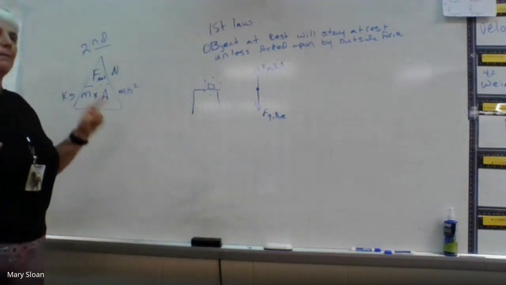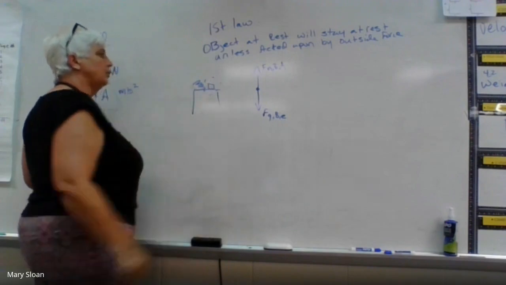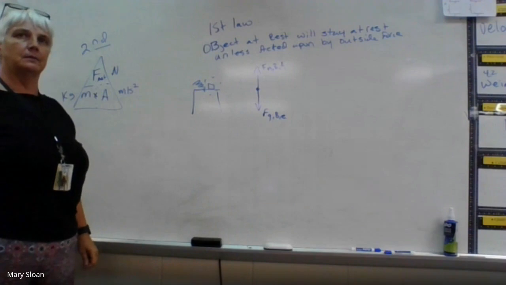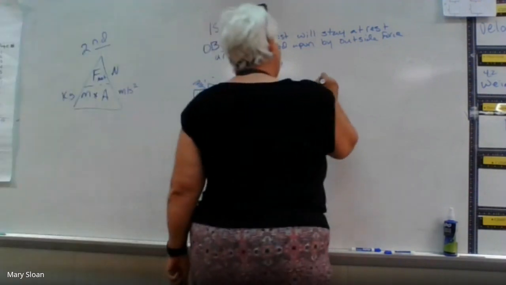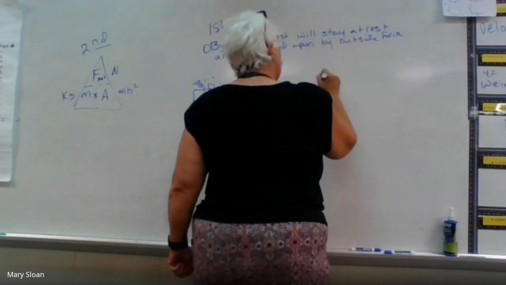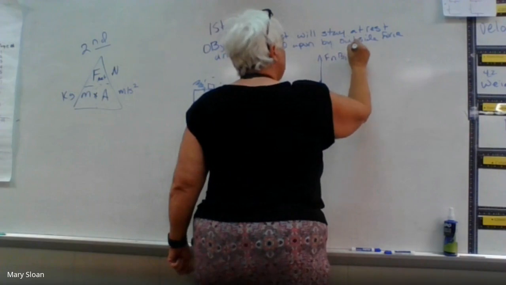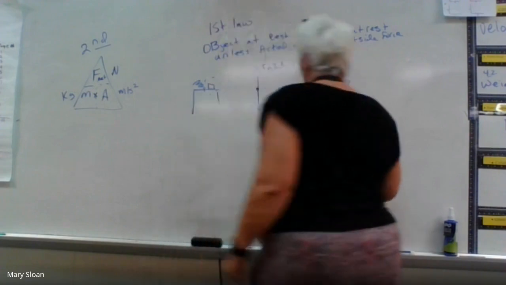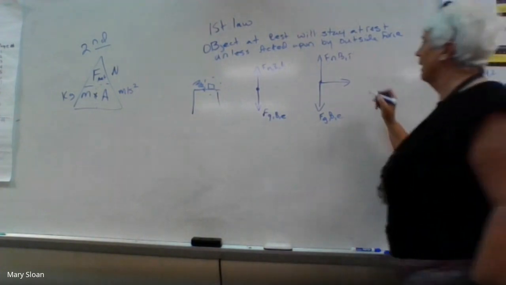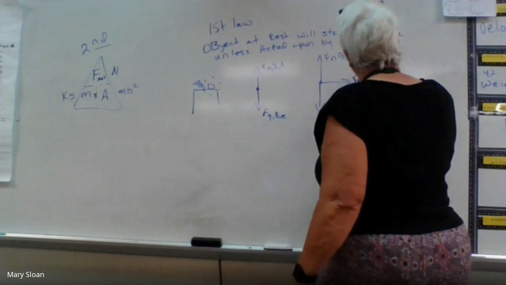Now, what would happen to that book if I came and took my hand and pushed the book? What would my force diagram look like then? Well, I would have force gravity on the book by the earth, and I would have force normal on the book by the table. But now I have a third one. What is that one? Force applied. Force applied on the book by my hand.